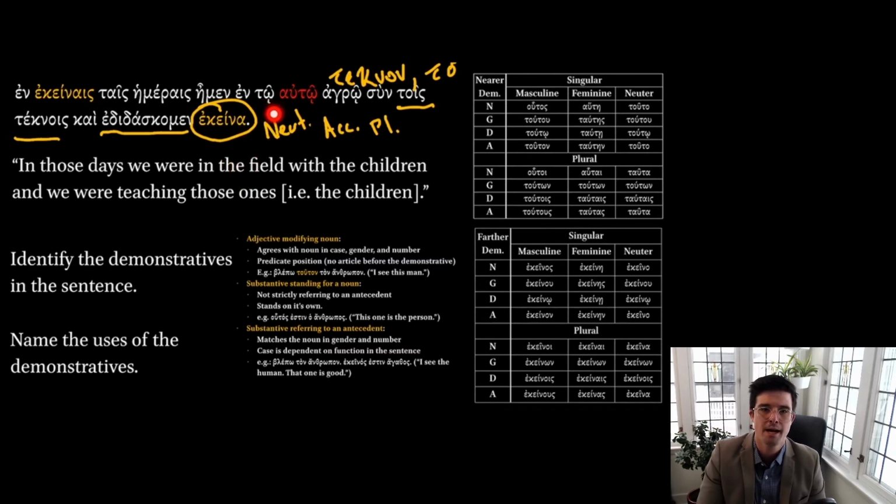So remember, when the pronoun autos is in this position, in attributive position, it's going to mean same, the same field. So to put it all together, translation all together, in those days we were in the same field with the children and we were teaching them.